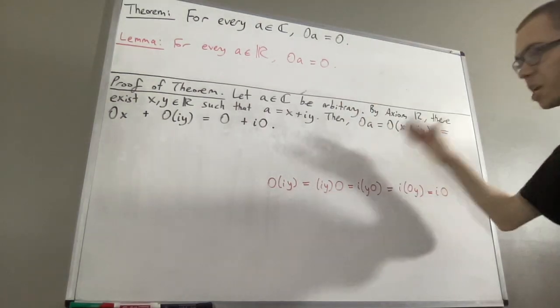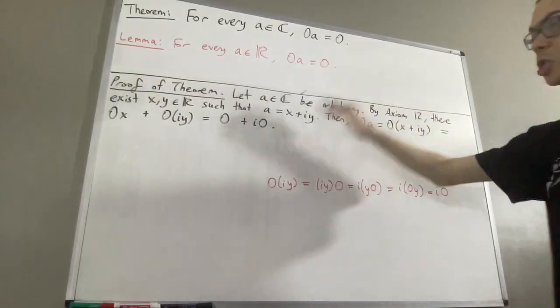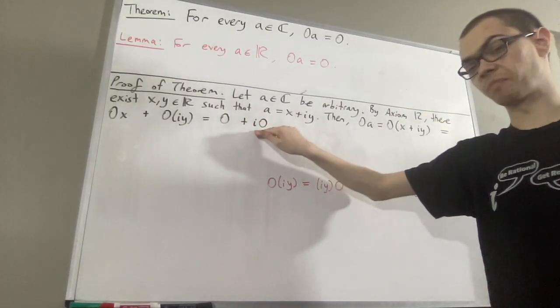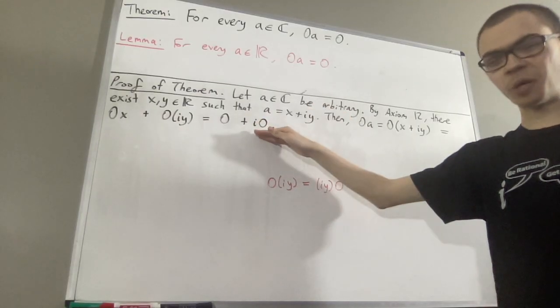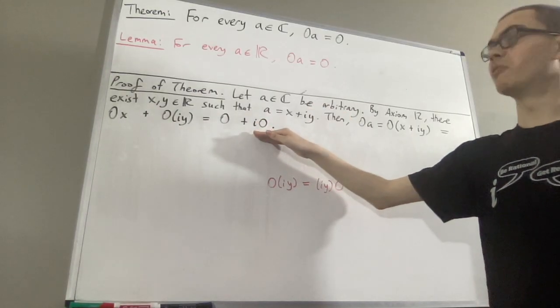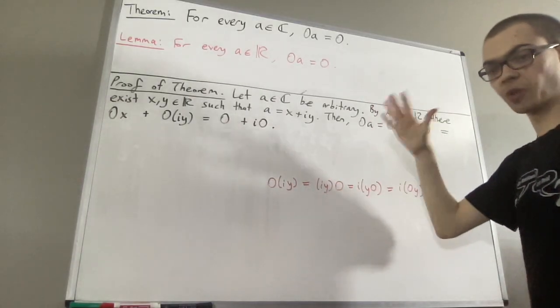Now remember, we're trying to show that 0 times a is equal to 0. So it suffices to show that 0 plus i times 0 is equal to 0. So how do you suppose we show that? Well, the trick is we apply axiom 12 to the complex number 0.